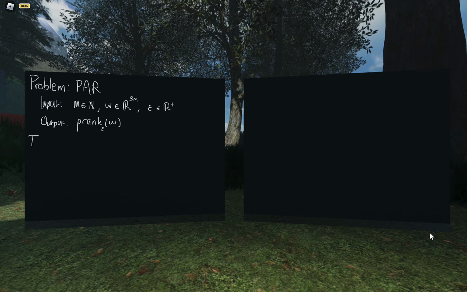A theorem is that the problem PAR is in the complexity class NP hard. What this means is that if you can solve this problem, you could use the solution to solve any problem in NP.